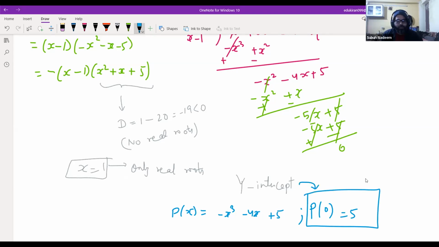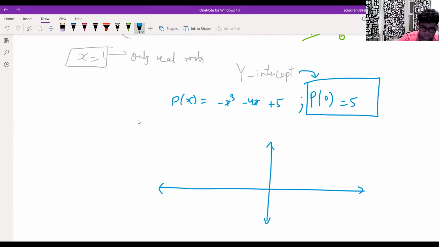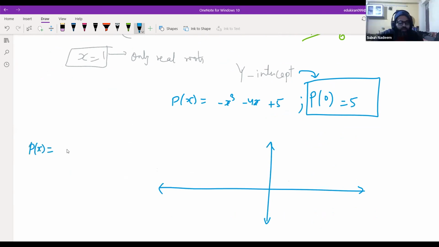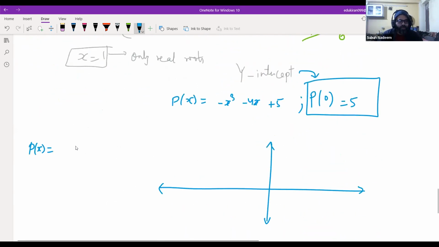Now, if you want to draw the graph, you will see that there is an x-axis and a y-axis. So x is 1 and y is 5. We also see it is like minus x minus 1 into x square plus x plus 5. So one root is 1 here and 5 is on the y-axis somewhere there.